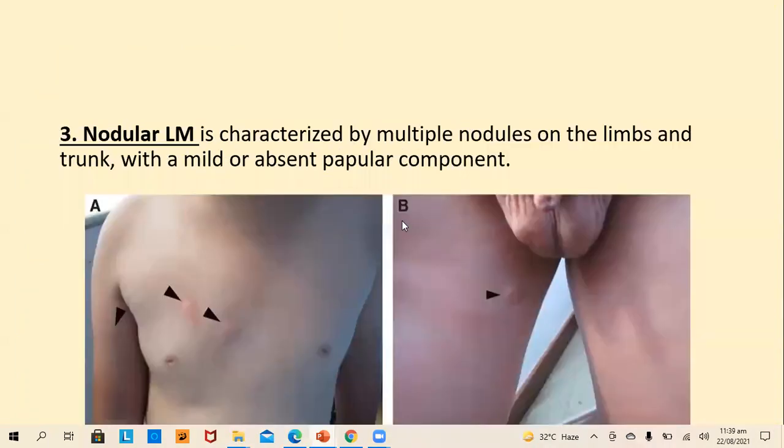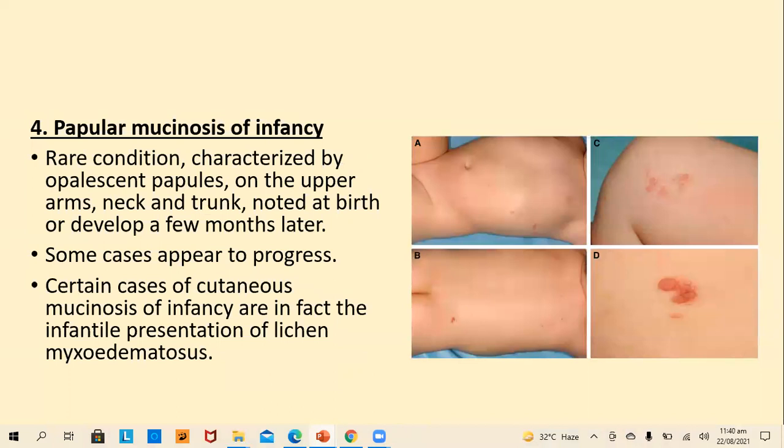Then the third is nodular lichen myxoedematosus. This is characterized by multiple nodules on limb and trunk with mild or absent papular component. You can see the nodules here in the pictures. And last subtype is papular mucinosis of infancy.